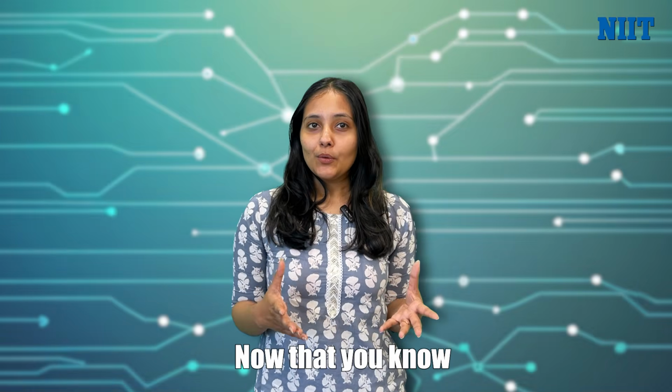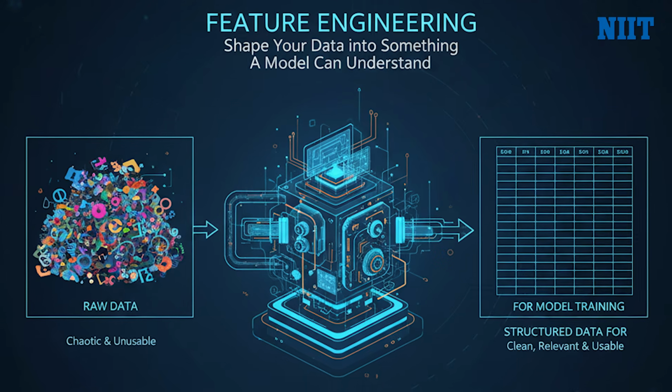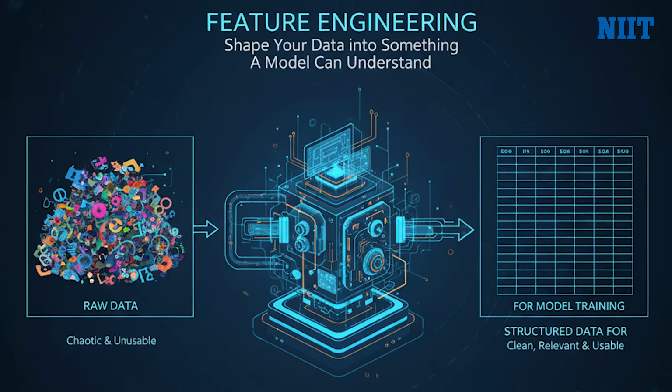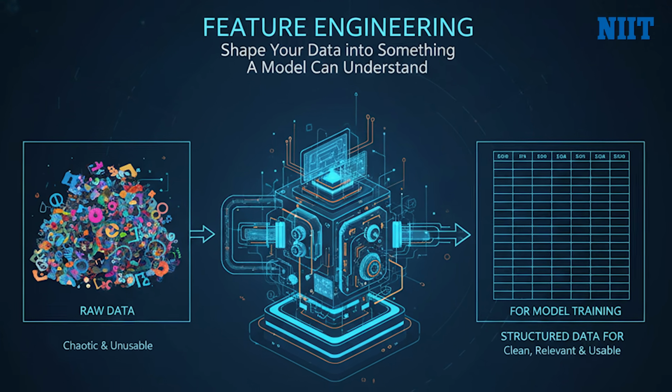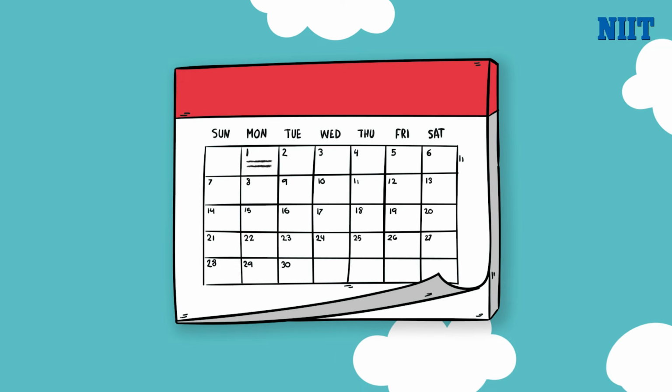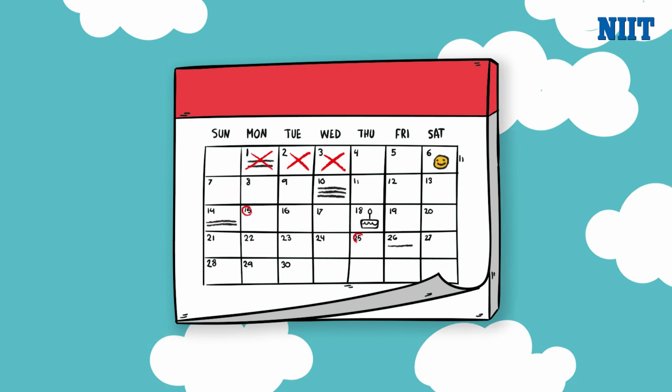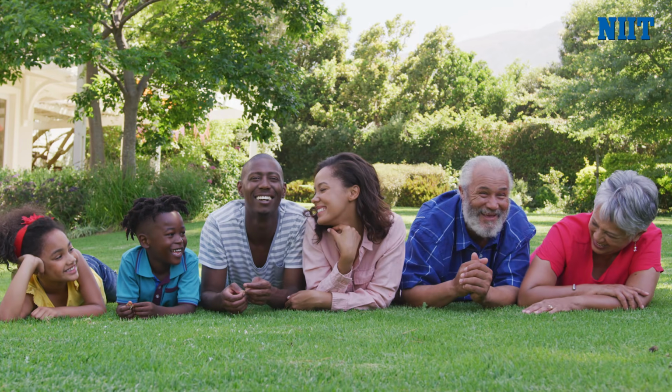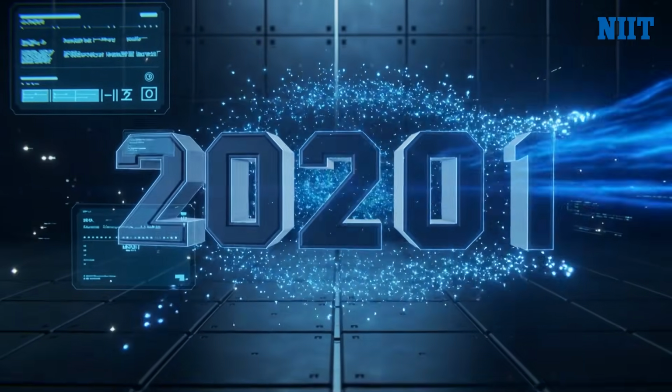Now that you know what you are working with, it's time to shape your data into something a model can actually understand. This is where feature engineering comes in. You might transform dates into weekdays, group ages into categories like young or senior, or convert text into numbers using encoding techniques.